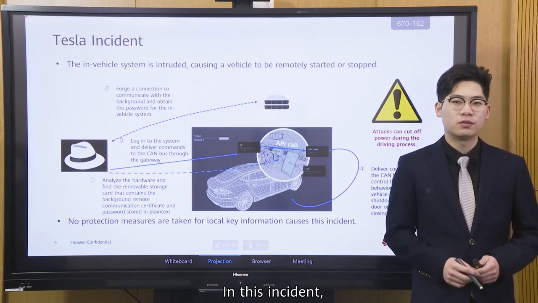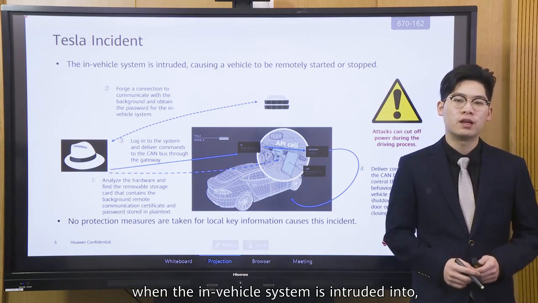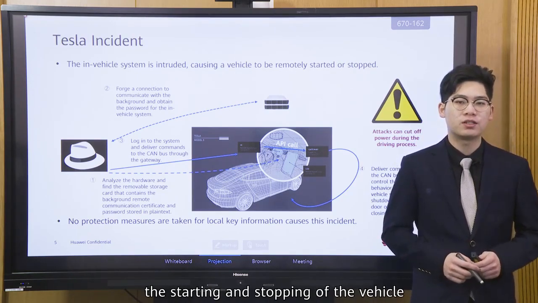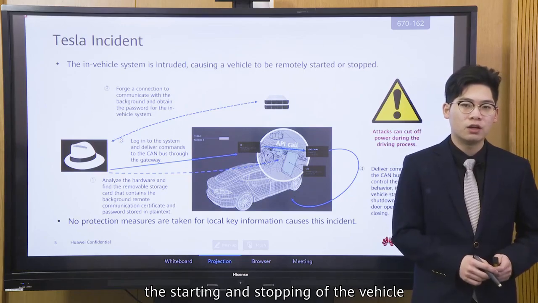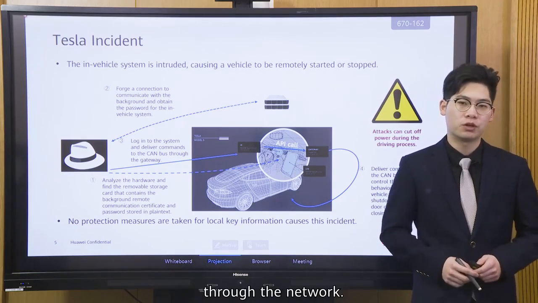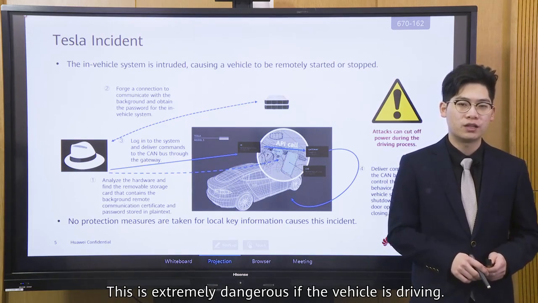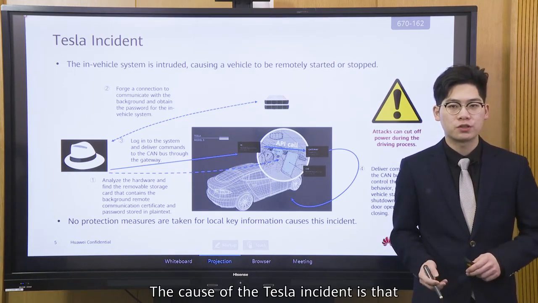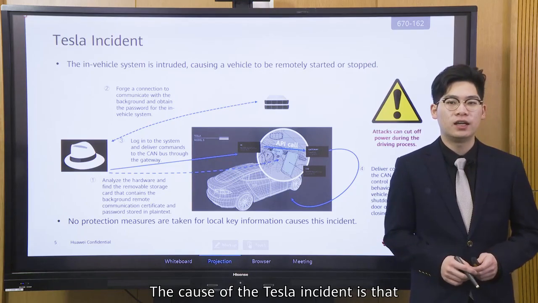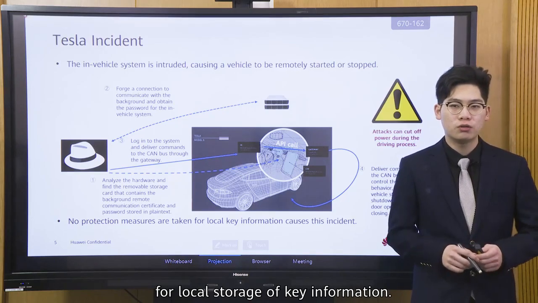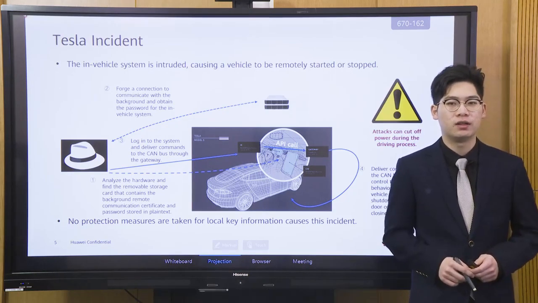In this incident, when the in-vehicle system is intruded into, the attacker can remotely control the starting and stopping of the vehicle through the network. This is extremely dangerous if the vehicle is driving. The cause of the Tesla incident is that no protection is provided for local storage of key information.